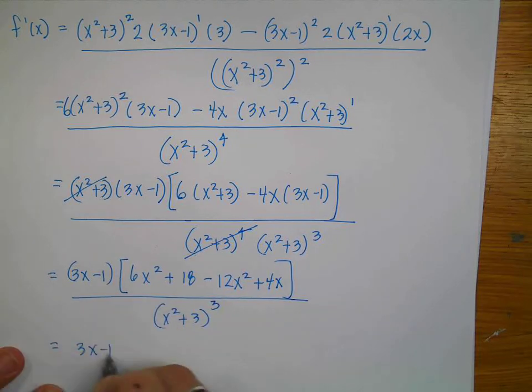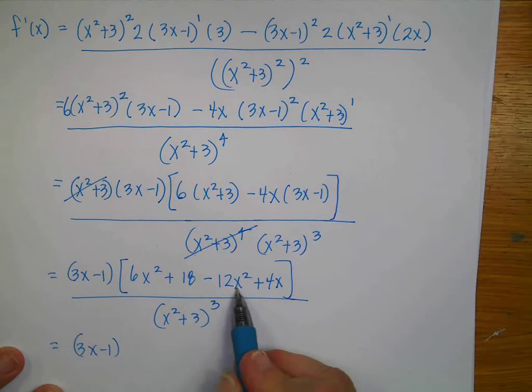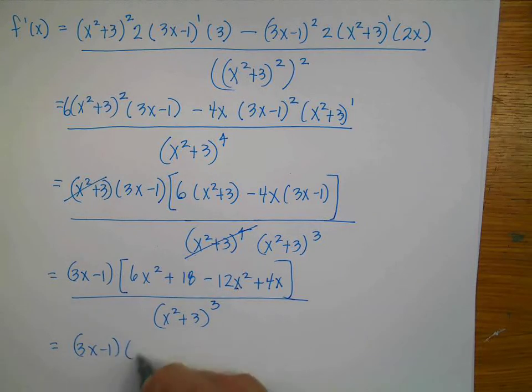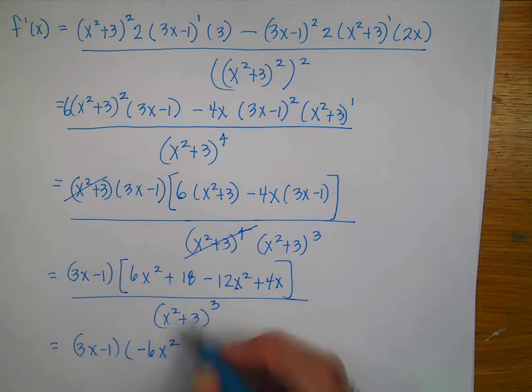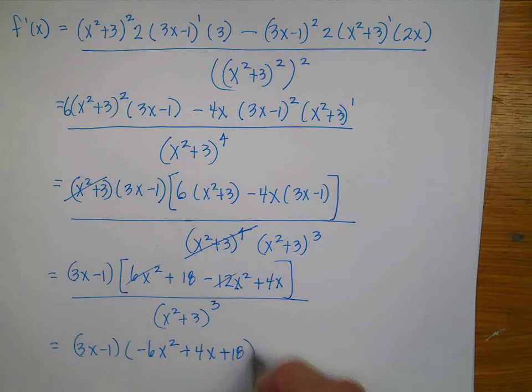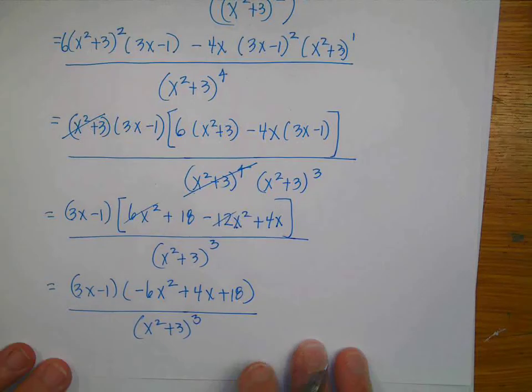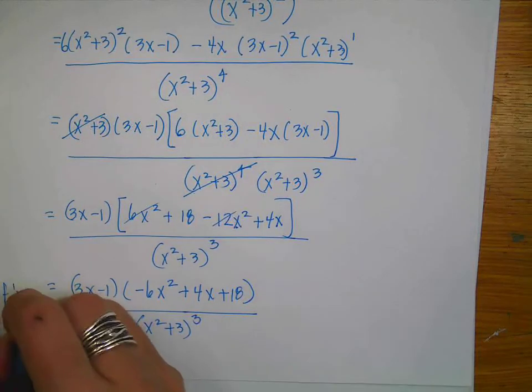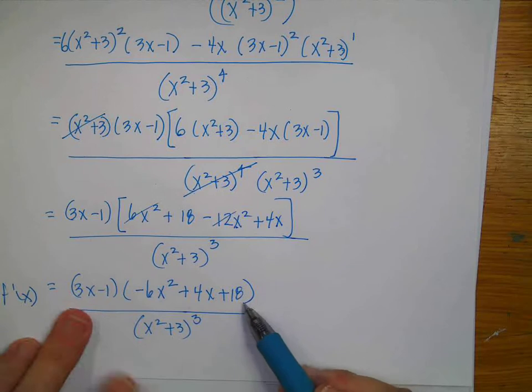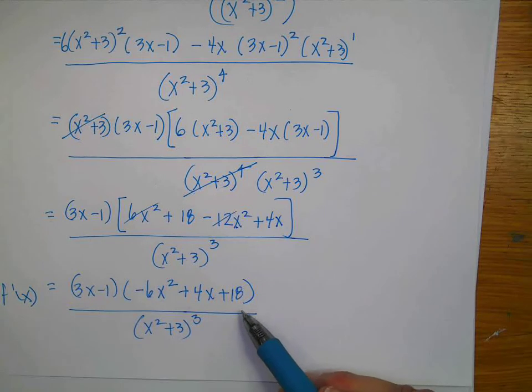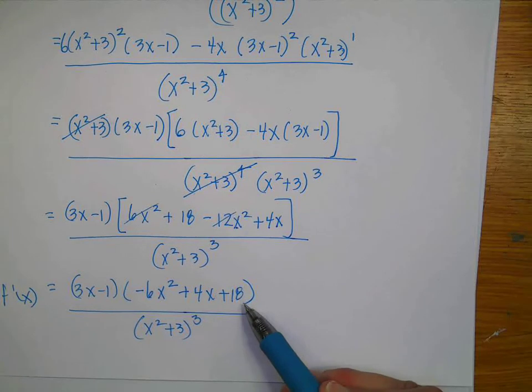Clean this up a little bit more. 3x minus 1. 6x squared minus 12x squared is a negative 6x squared, plus 4x plus 18, and then all over (x squared plus 3) cubed. Now, I would not, under any circumstances, distribute the numerator because that's going to take you too much time. At this point, I could evaluate the derivative at this point and be very successful.